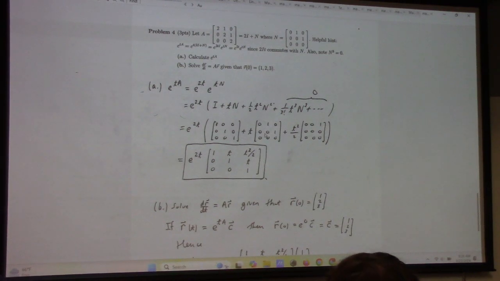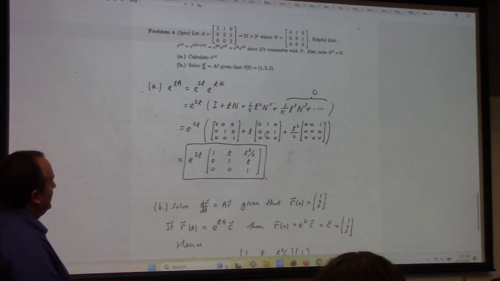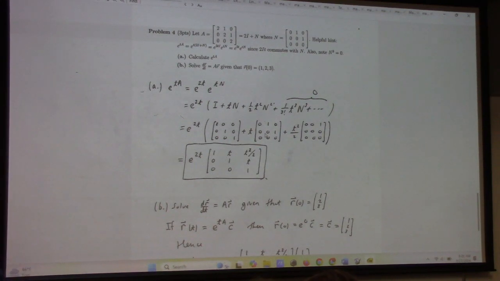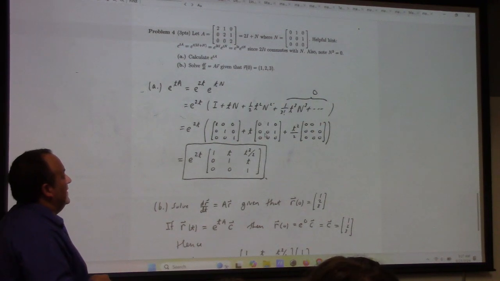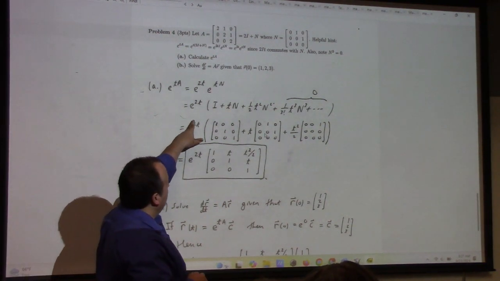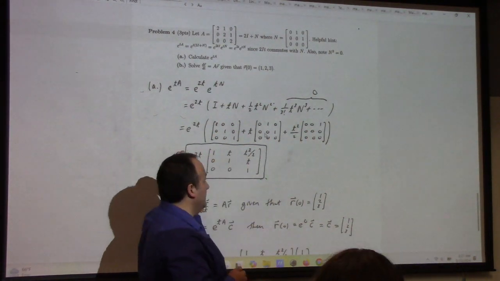So here I give you a pretty sizable hint that we can rewrite e to the tA as e to the 2t times the identity matrix plus this N, which is what's called a nilpotent matrix because its third power is 0. And so I can use the formula which was given. And past order 3, all these things are 0, right?